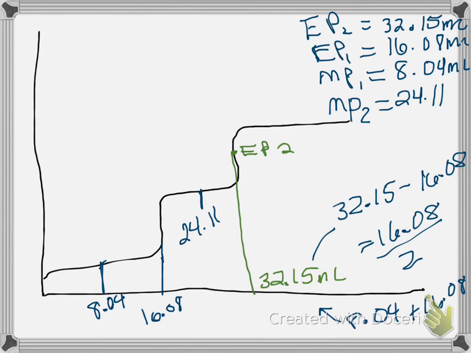Or you can just take 32.15 times 0.75. And so that gets us every one of the important features of the titration. Okay, so it's all based on the volume of base. And that's what's on our x-axis, so it makes it pretty straightforward.